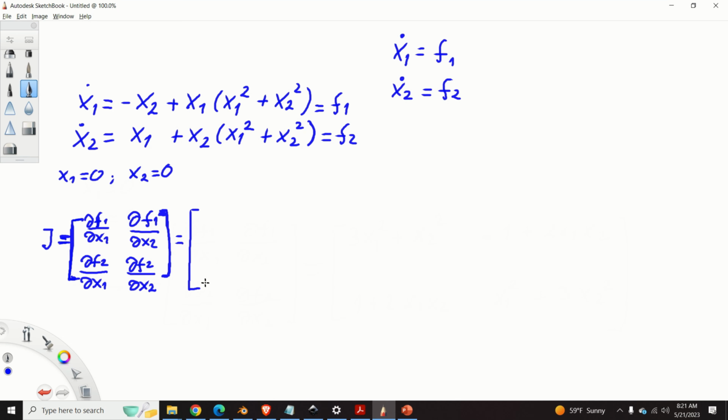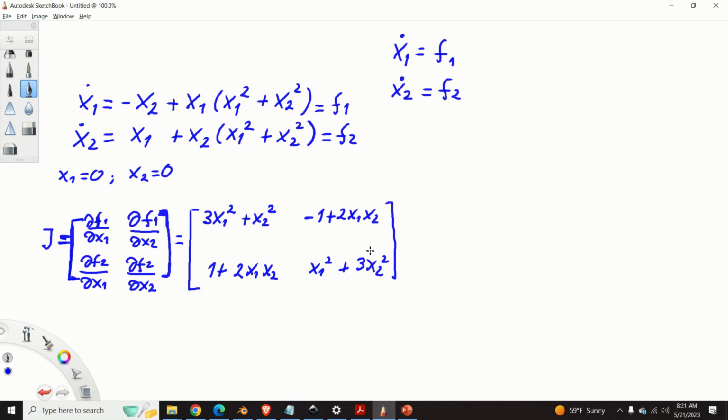The Jacobian matrix has the following form: 3x1 squared plus x2 squared, then minus 1 plus 2x1 x2, 1 plus 2x1 x2, and we have x1 squared plus 3x2 squared.